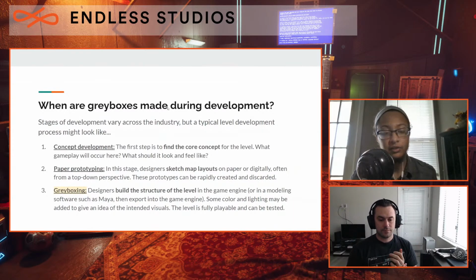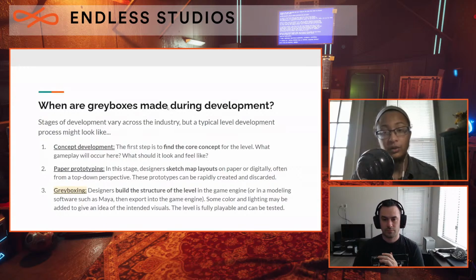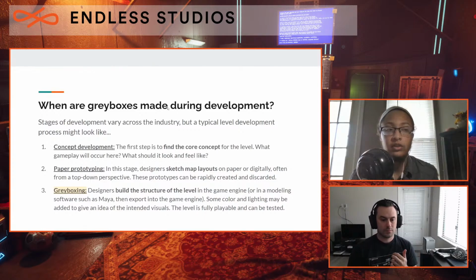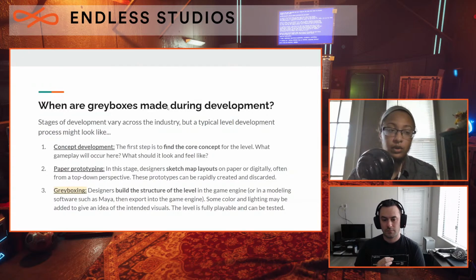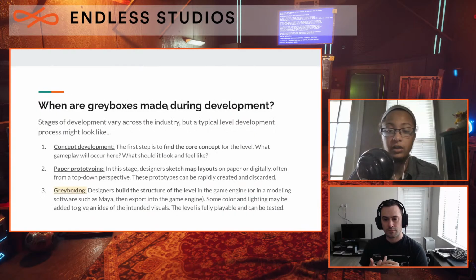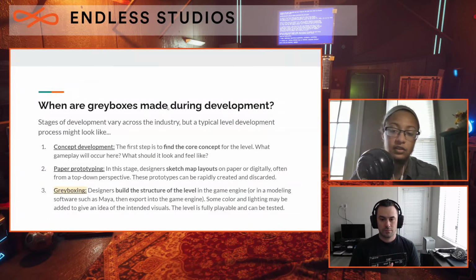And often after the paper prototype is when gray boxes will be made. This is when level building starts in earnest, but it's not with detailed assets yet. In the game engine, they will use primitives to build the basic structure of the level. If they're working with a paper prototype, they will follow that as a guide for where to place things.